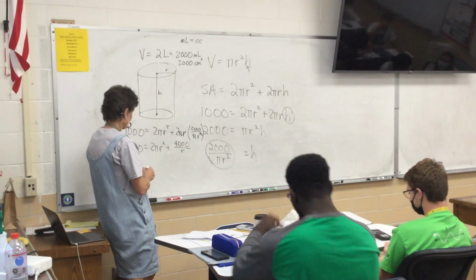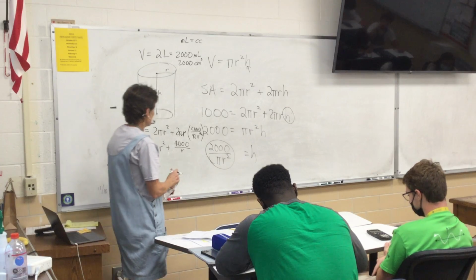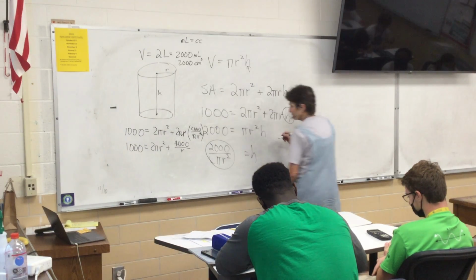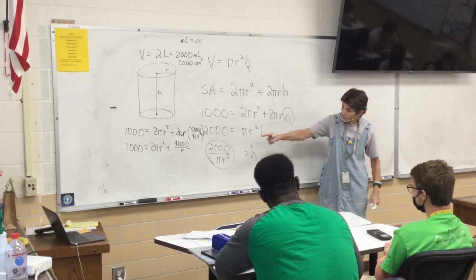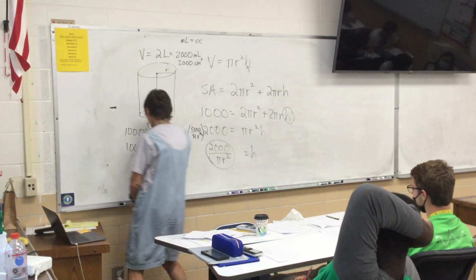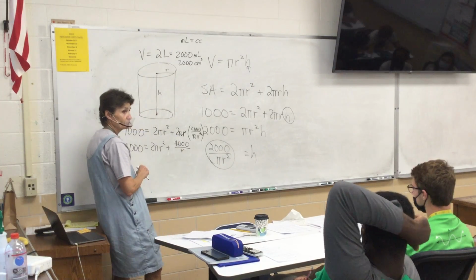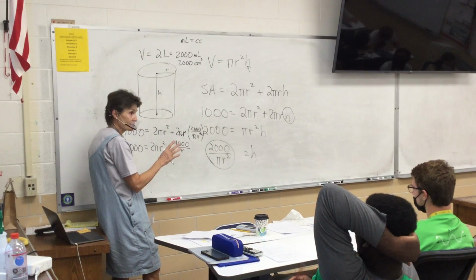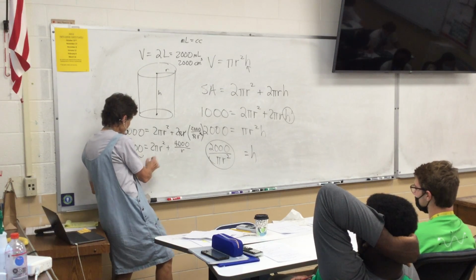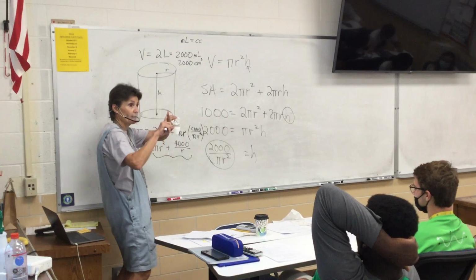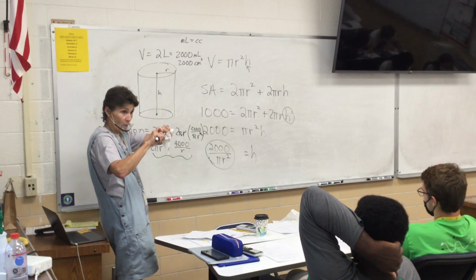r, is that it? So now I have an equation. I can leave it like that if I want, or I could subtract the 1,000 over. Really doesn't matter. If you leave it like this, you would graph this on your calculator and this on your calculator and look where they cross.